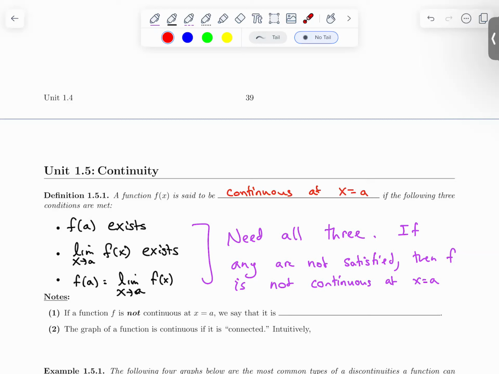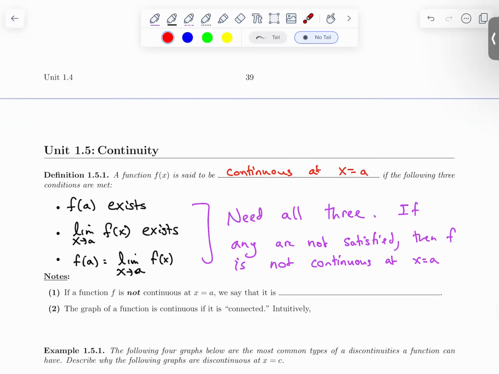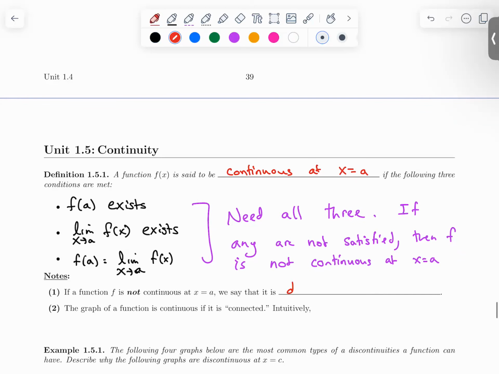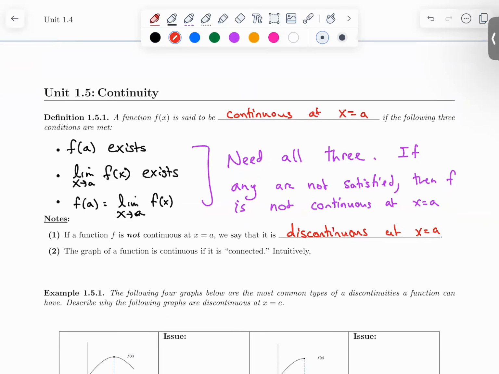So if a function is not continuous at x equals a, we say that it is discontinuous at x equals a. And if a function is continuous at all x values, we say it is continuous everywhere, but I don't write that. So we just say continuous. If the function is continuous everywhere, we just call it continuous. The graph of a function is continuous if it is quote unquote connected.